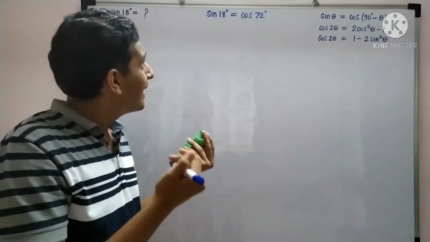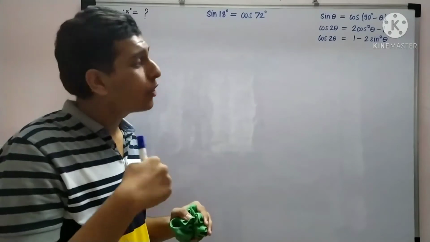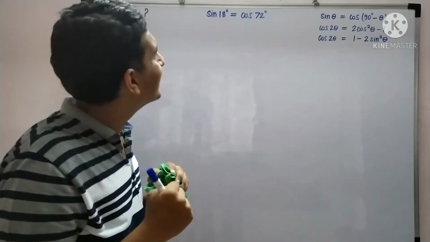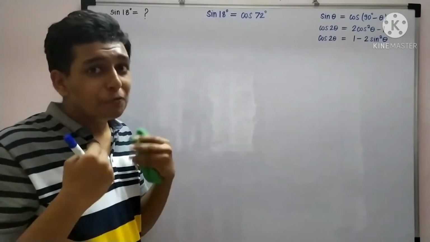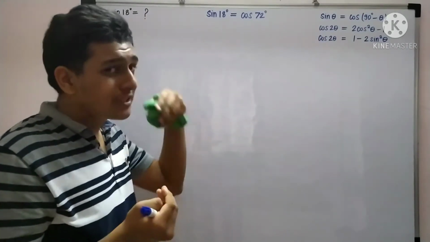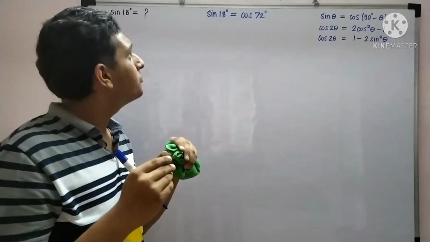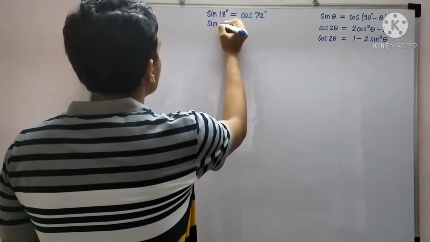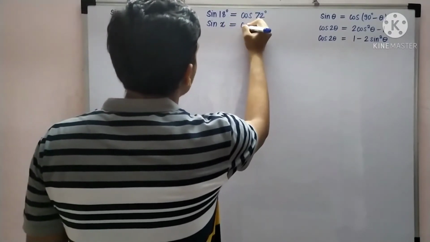72, in addition to being the complement of 18 degrees, is also 4 times 18 degrees. So in order to evaluate sine 18 degrees using this relation, it is equivalent to solving the equation sin x is equal to cos 4x for sine of x.